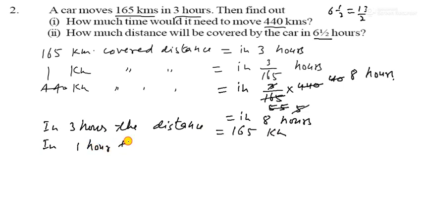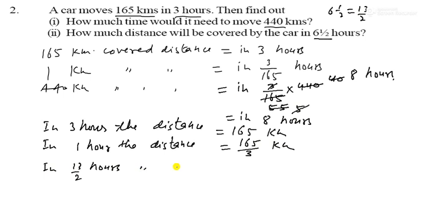So in 1 hour, the distance is 165 upon 3 kilometer. So in 6.5, that is 13 by 2 hours, the distance covered is 165 upon 3 into 13 upon 2.